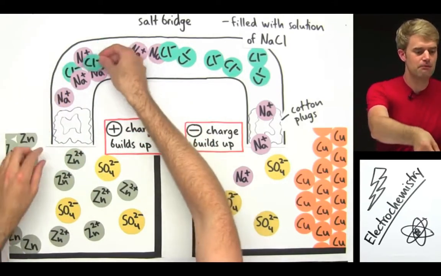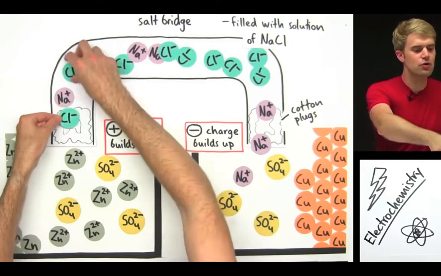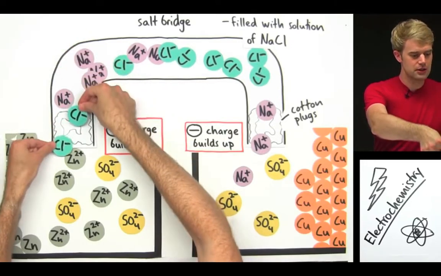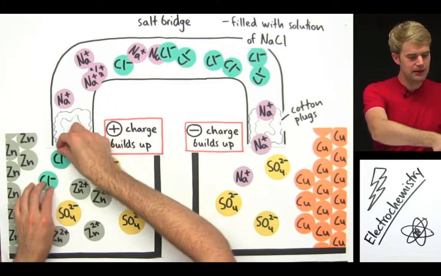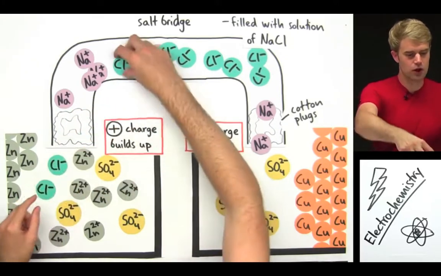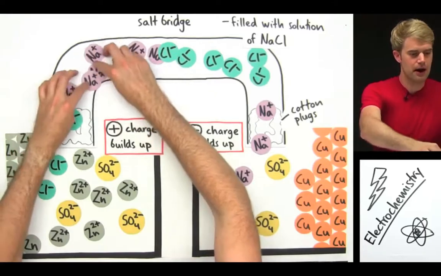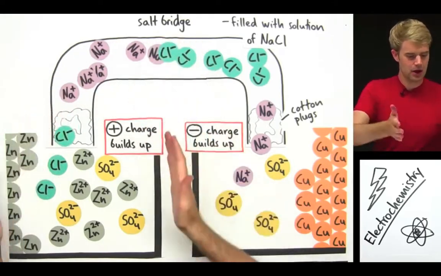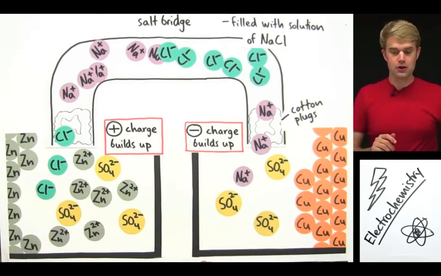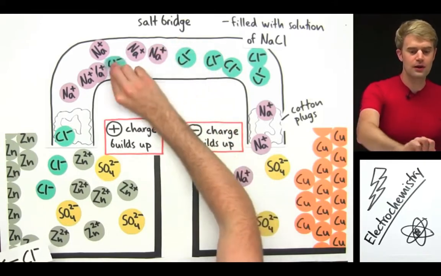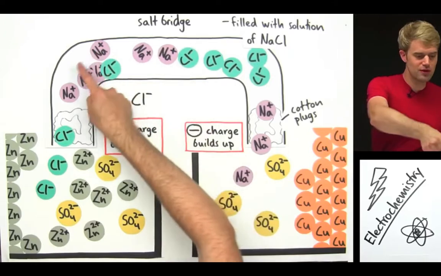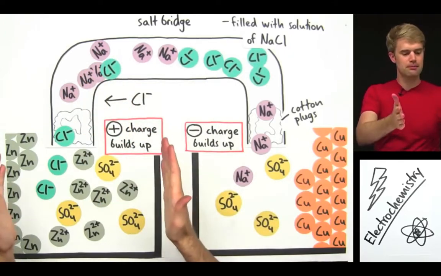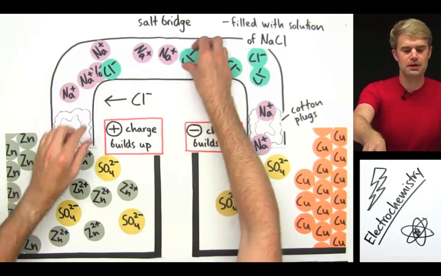The Cl- ions are going to begin moving through the salt bridge to come out through the cotton and help to balance out the positive charge that builds up on this side of the voltaic cell. So over time, we're going to see that the Cl- ions move in this direction to balance out the positive charge that builds up here.